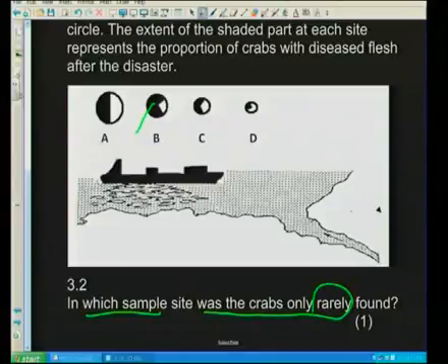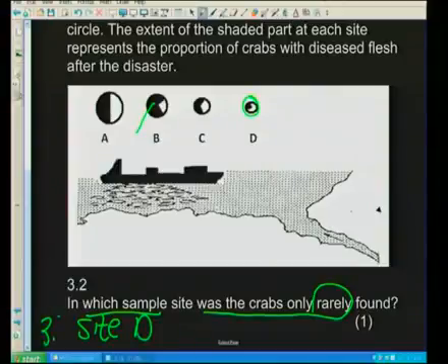Now, rarely means least. Okay, we know the big circle means large amount, and it means smaller, smaller. Easy answer. It is site D. Now remember to write 3.2 and then put site D, and that is the correct answer.